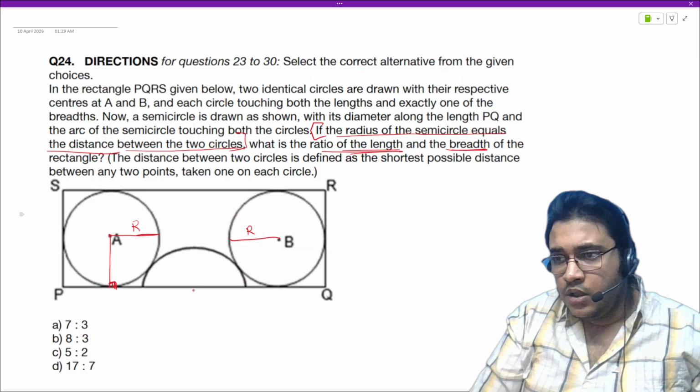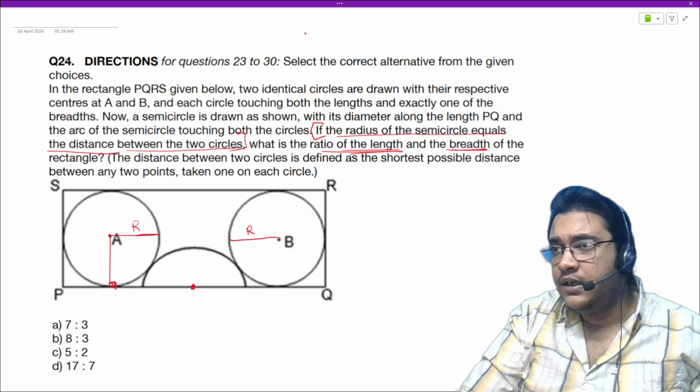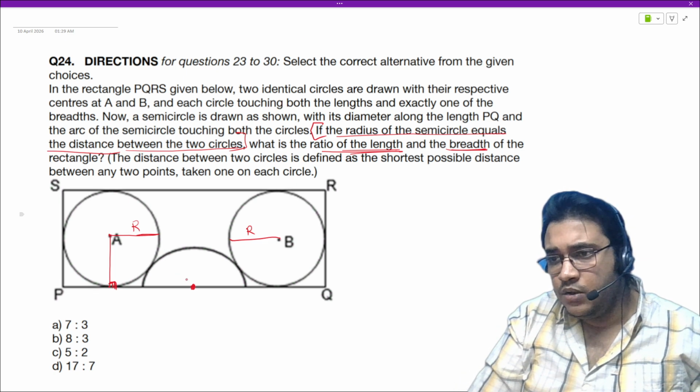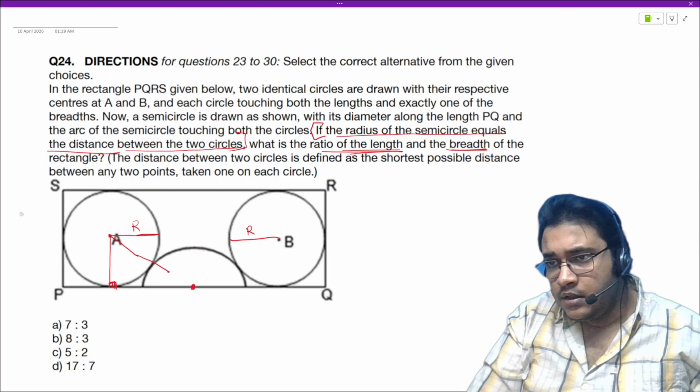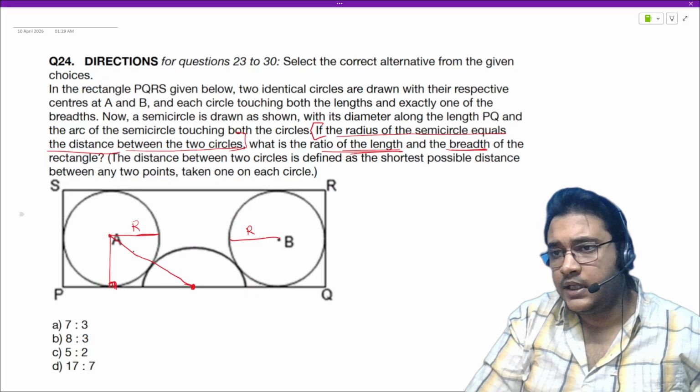Now let us assume this to be the center of the semicircle. Now if I try to draw a line that connects me to the semicircle, please pay attention.